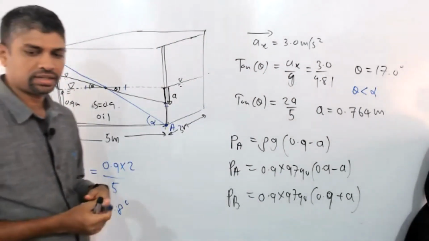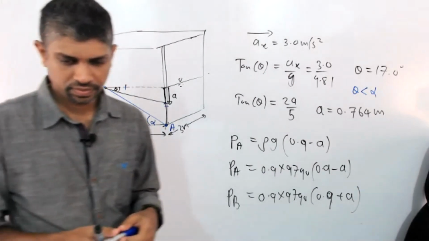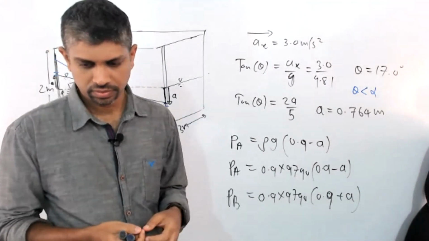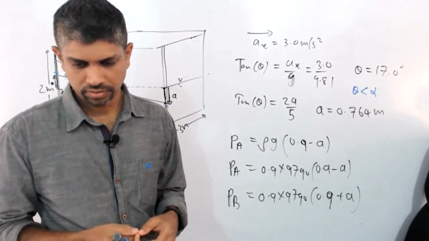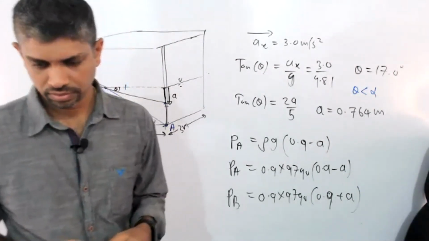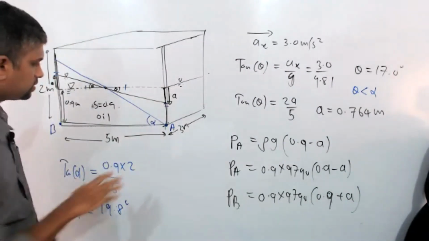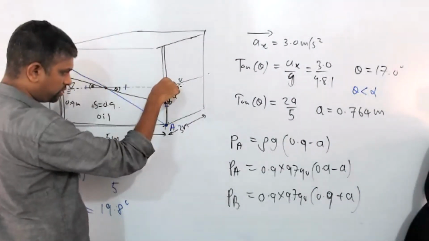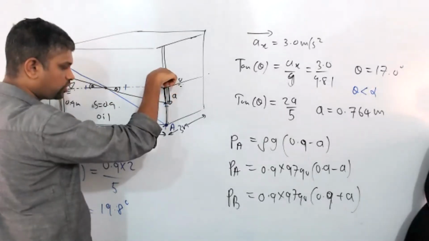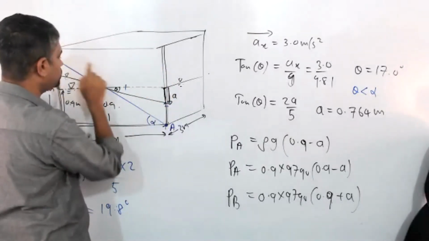If you look at this, it is a symmetrical situation. When it is symmetrical, the amount going down is equal to the amount going up.